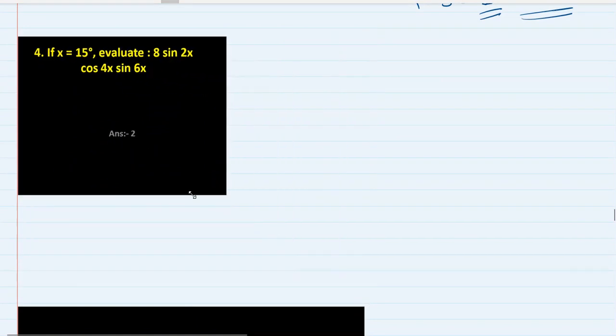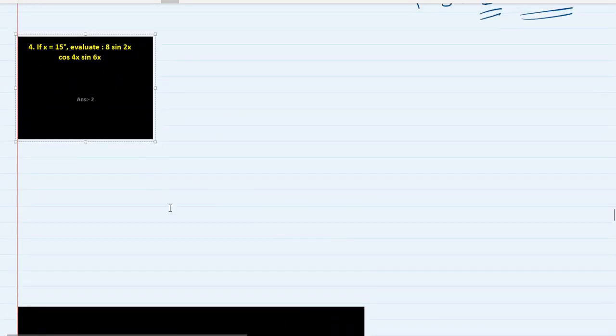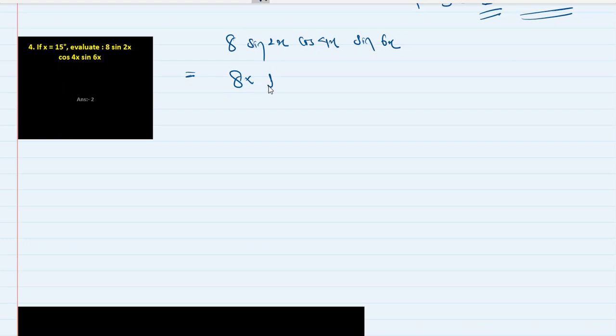Interesting question again. If x is equal to 15 degree, evaluate 8 sine 2x cos 4x sine 6x. So 8 times sine 2 into 15 times cos 4 into 15 times sine 6 into 15.